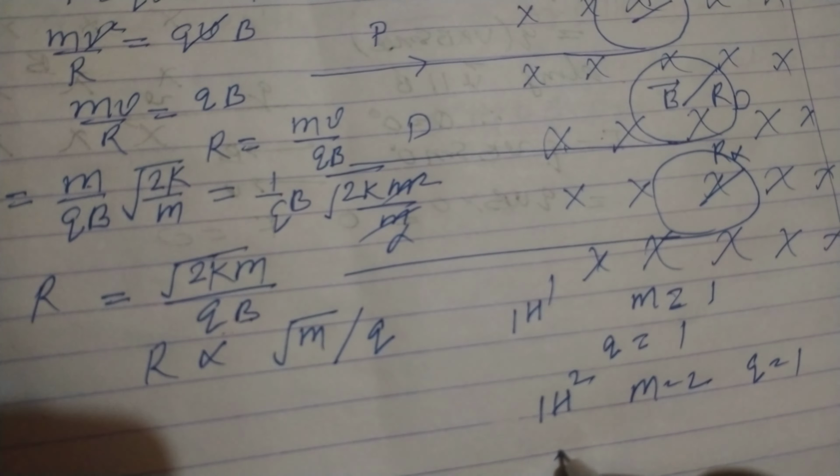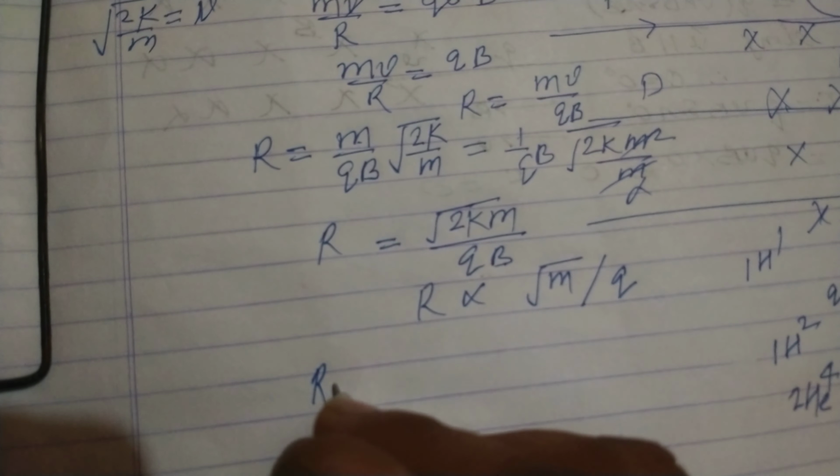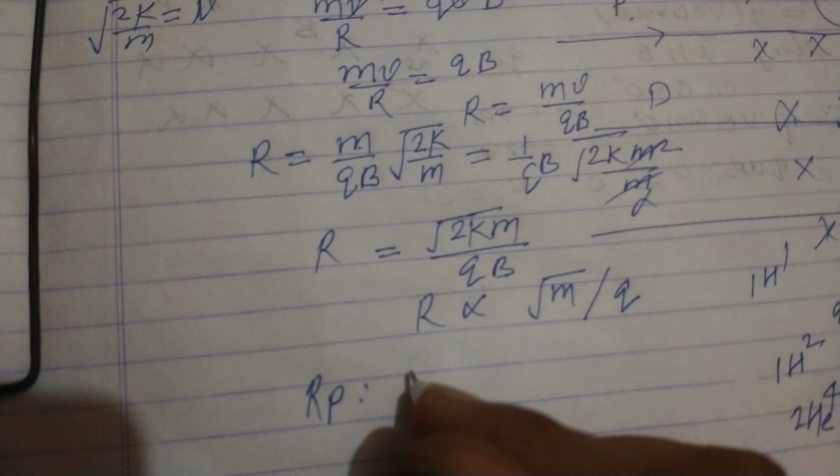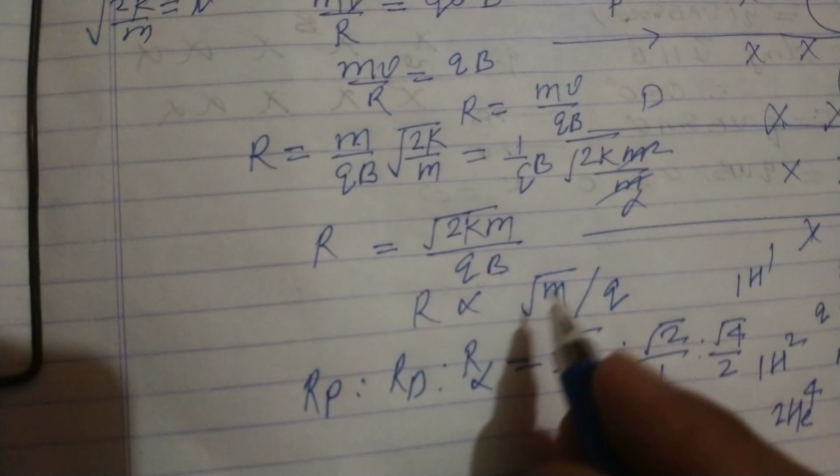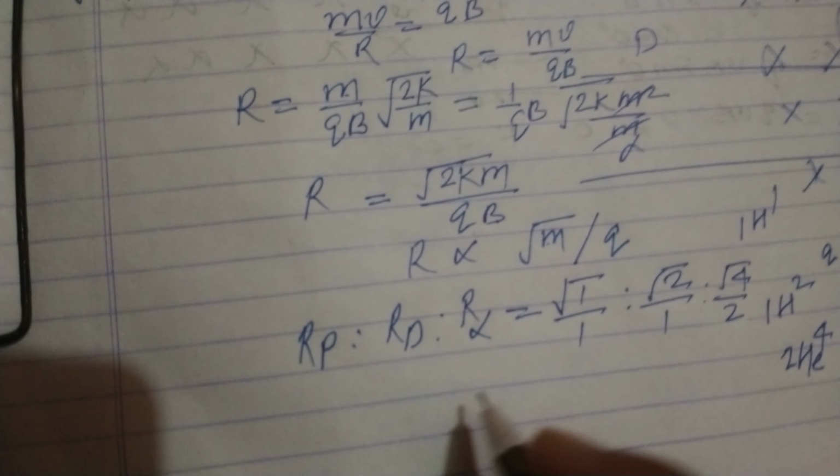Okay, so r proton to r deuteron to r alpha particle equals under root 1 over 1, to under root 2 over 1, to under root 4 over 2. Okay, under root mass over charge.